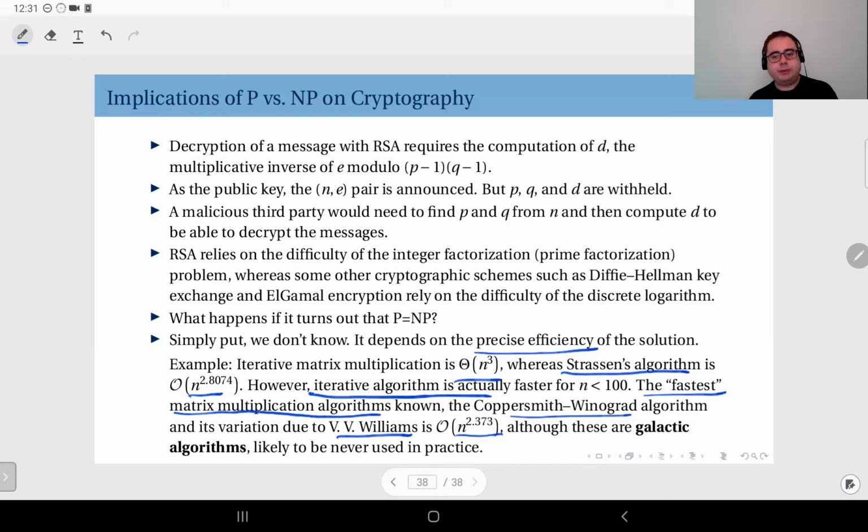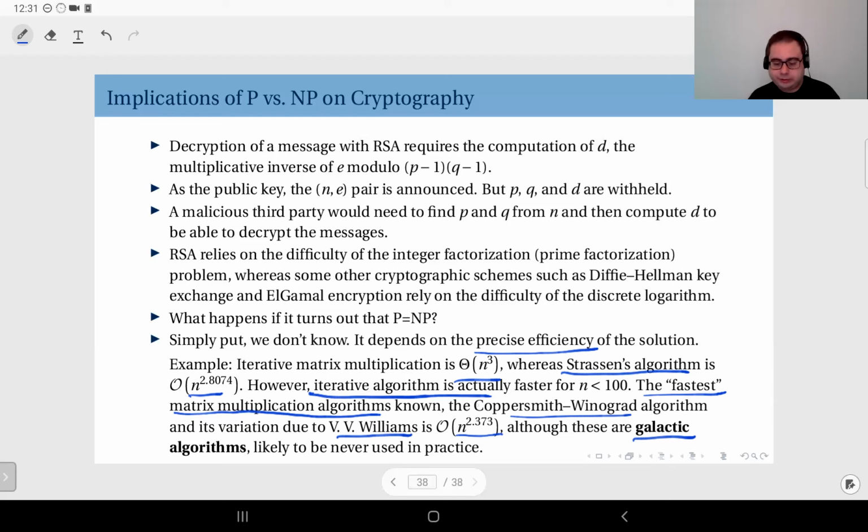Well, this even looks much better than Strassen's algorithm. But you see, these algorithms are in a class that we call galactic algorithms. Essentially, this means that asymptotically they are better, yes, but the threshold they become better is so huge that in practice we will never use these.